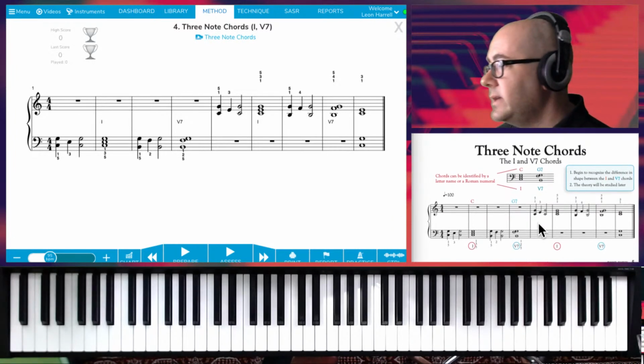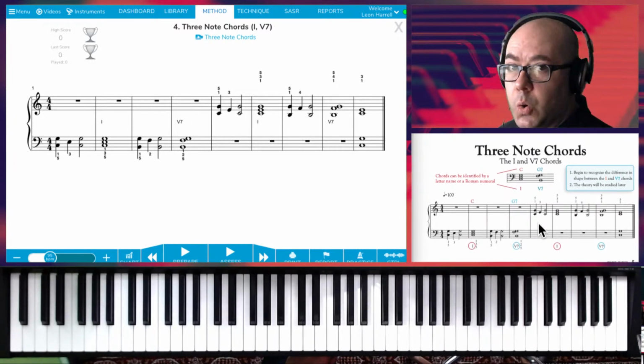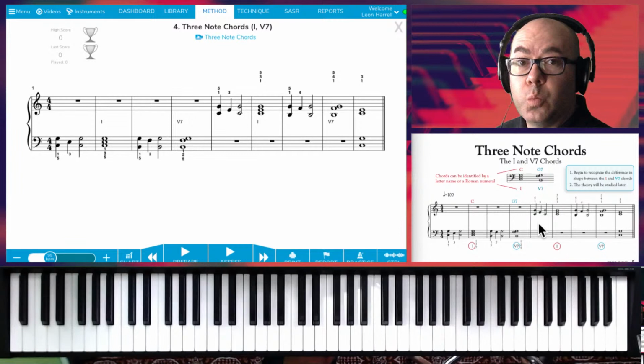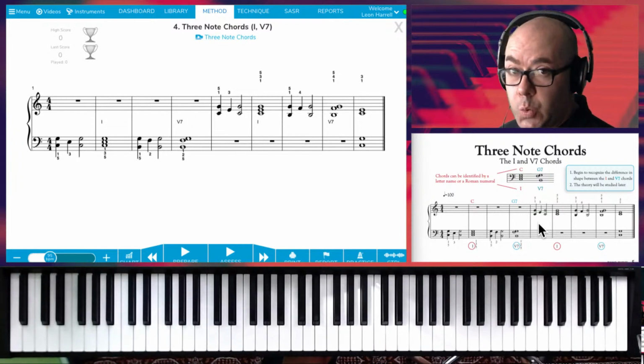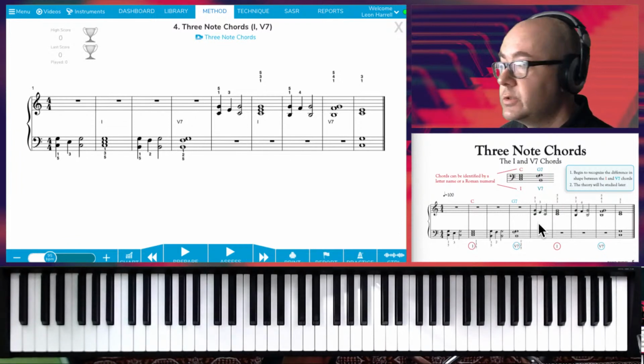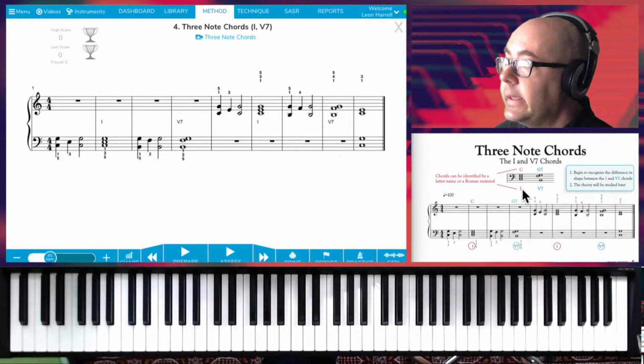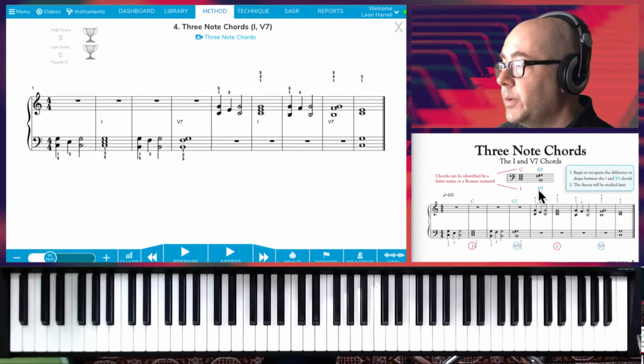So here we can see that, like I mentioned, chords can be identified a couple different ways, and the most traditional way to do it is with Roman numerals. So the numbers, Roman numeral 1, which is the capital letter I, for the tonic chord, or that resting home chord in the scale, and then 5, the letter V, in Roman numerals.